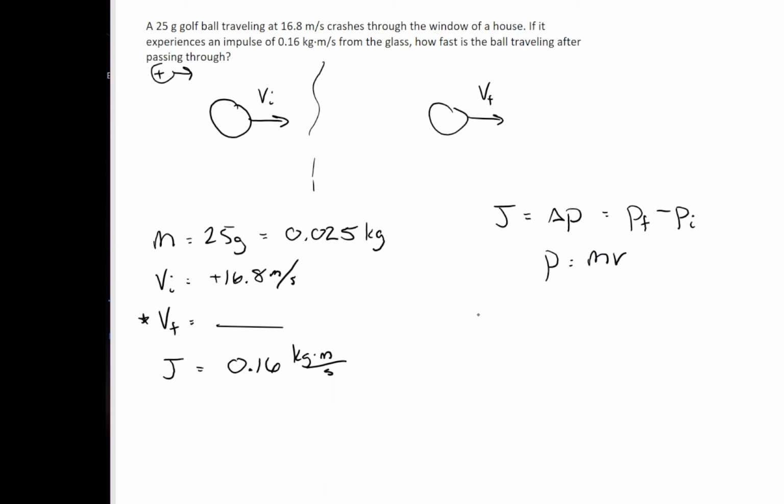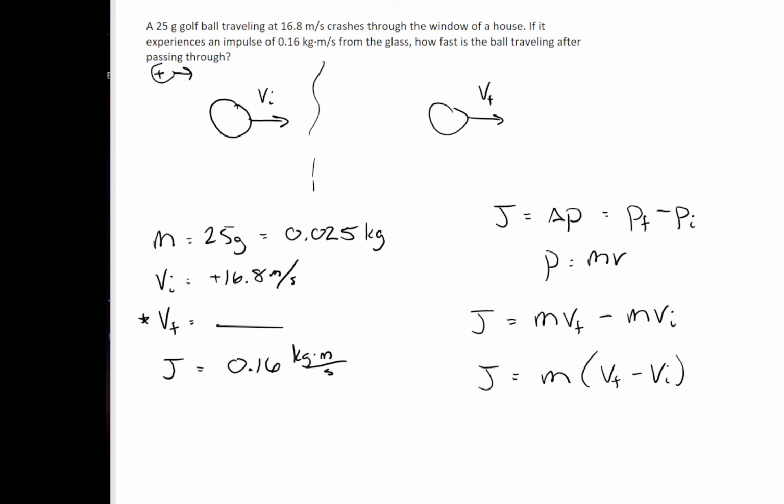So if we look at this, we can actually substitute here and find that J is the momentum at the end, which would be the mass of the ball times its final velocity, minus the momentum at the beginning. And so we can simplify that down. You get the mass of the ball and its change in velocity.